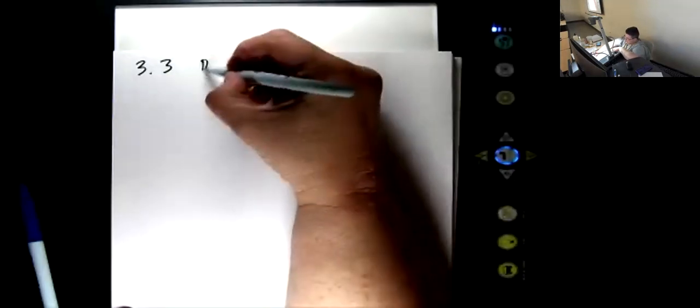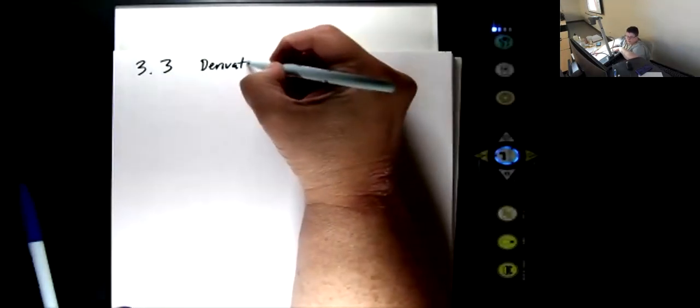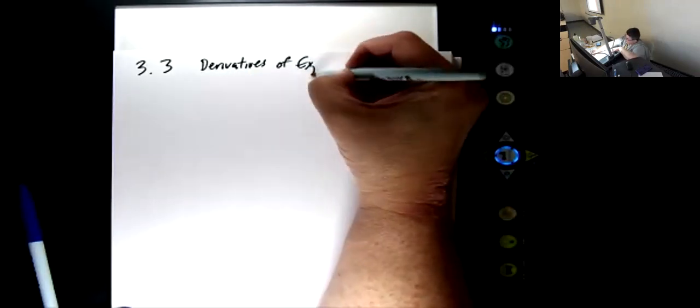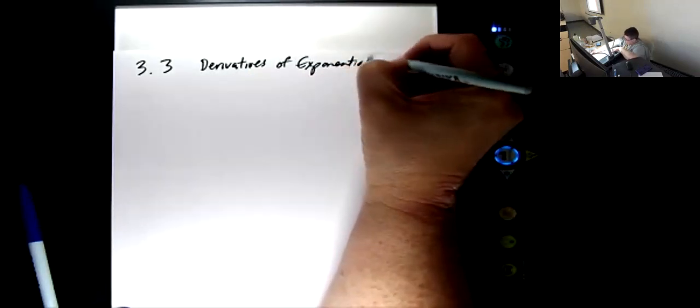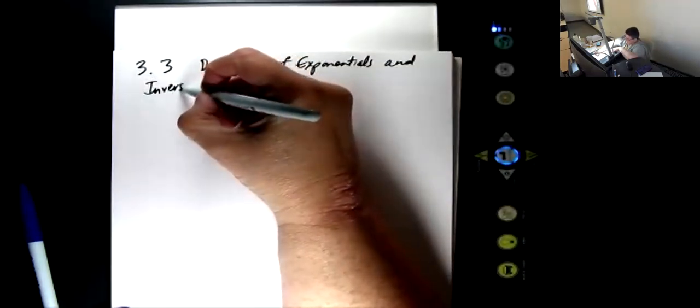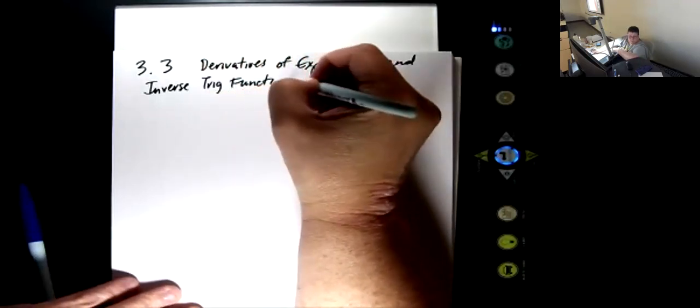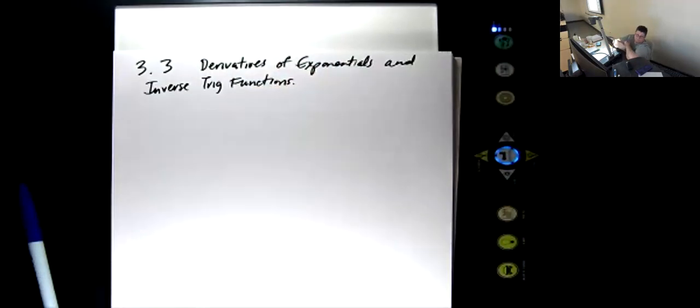Derivatives of exponentials and inverses. Inverse trig functions. So here's the basic idea.